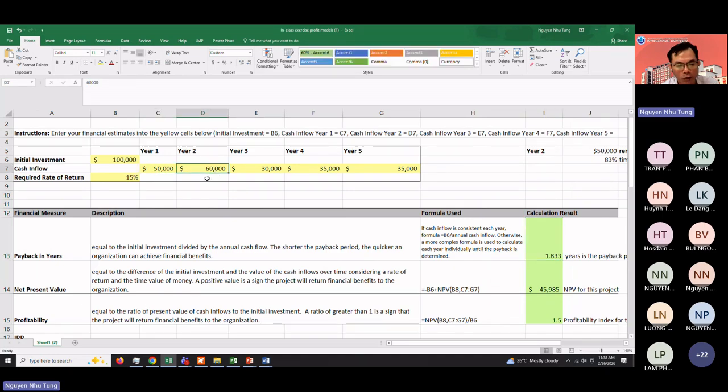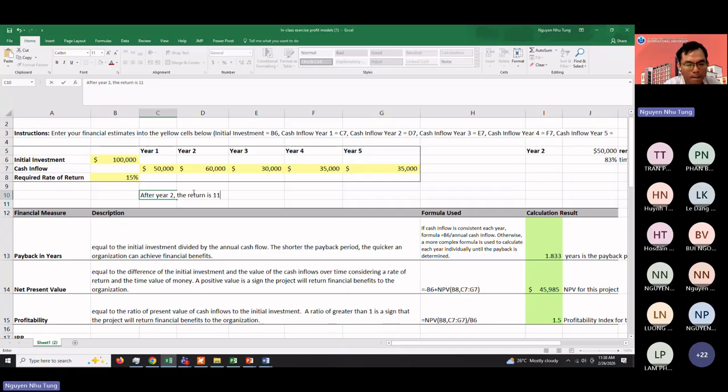After year 2, the return is 50,000 plus 60,000.